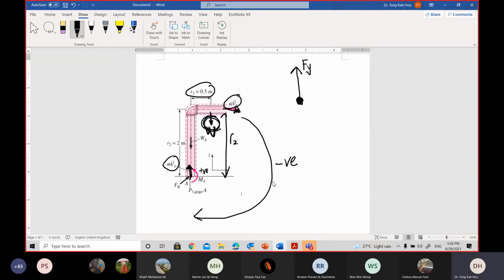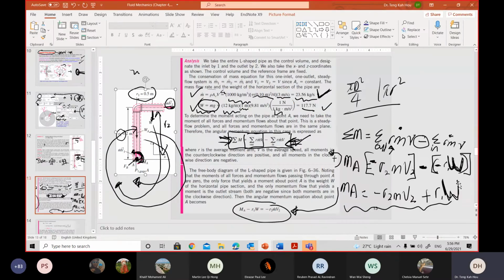W times your r is going to contribute a moment at point A. And why is it negative? Because again, it's happening in the clockwise direction. Anti-clockwise is positive, and clockwise will be negative.